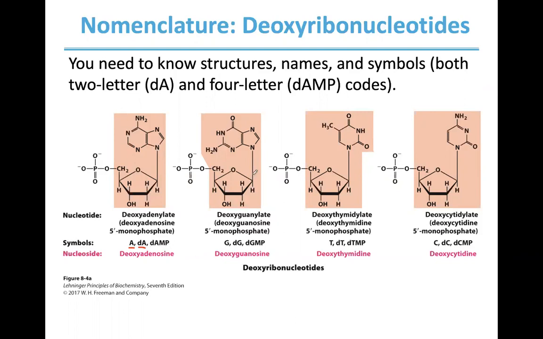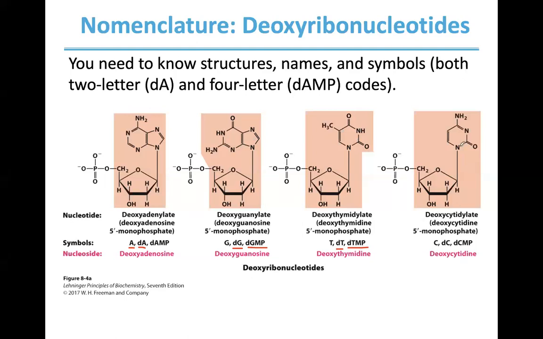Now this one is the guanine base, so you can say deoxyguanylate or deoxyguanosine 5' monophosphate. Again, DG, DGMP. Deoxythymidylate. Now this is a pyrimidine base, right? Or you can say deoxythymidine 5' monophosphate. So it will be DT, DTMP.